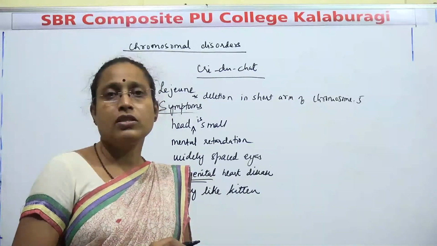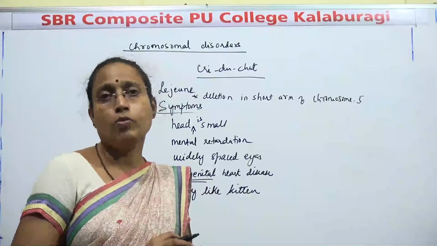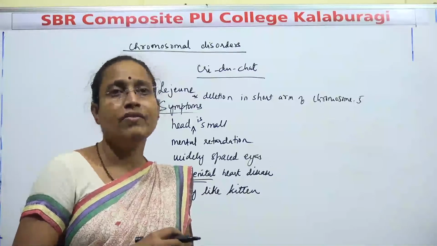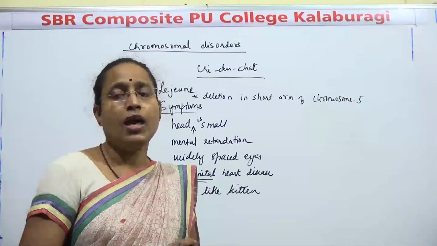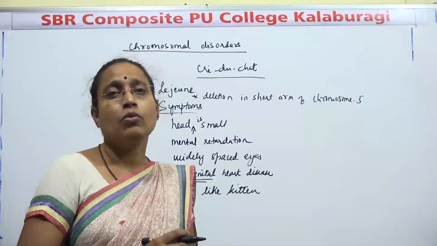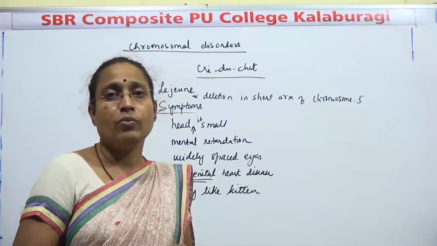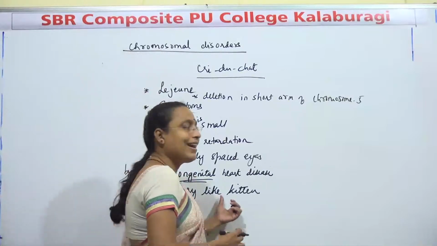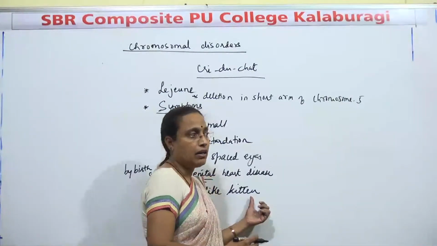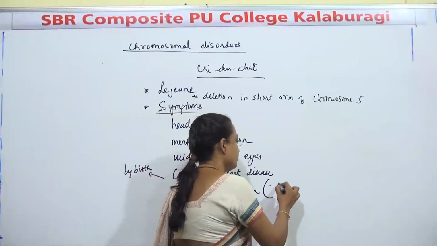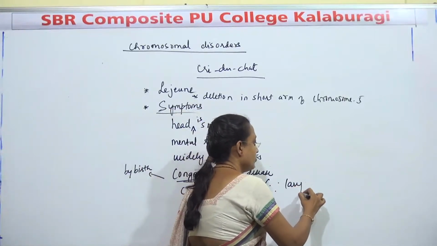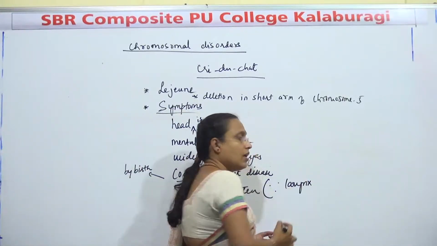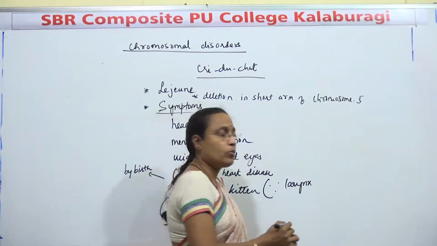So the larynx does not develop properly or normally. When a normal larynx is not there, the voice resembles the voice of a cat when the person cries. Okay, so cry like a kitten, because the larynx is not normally developed.